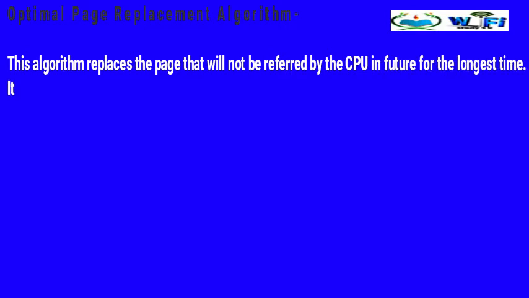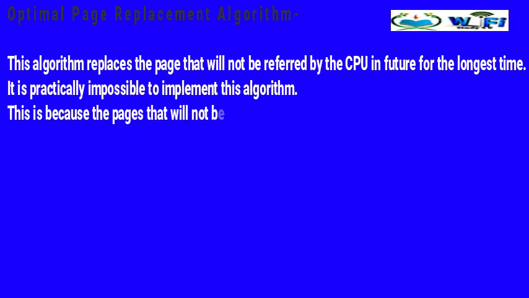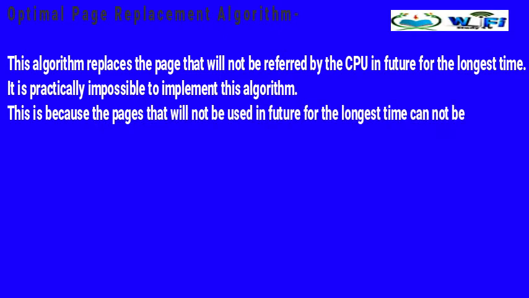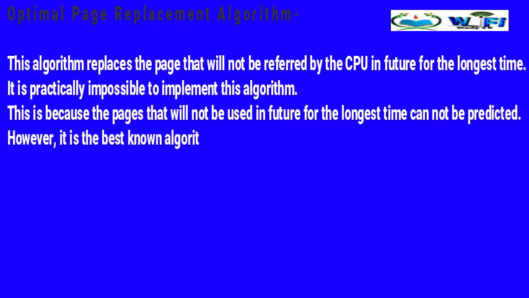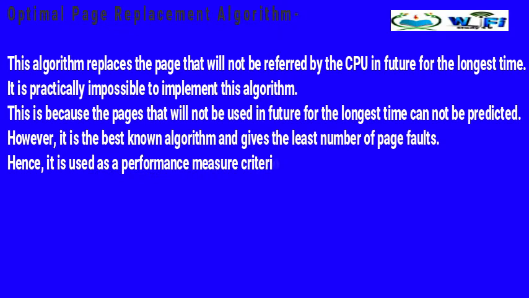It is practically impossible to implement this algorithm, because the page that will not be used in future for the longest time cannot be predicted. However, it is the best known algorithm and gives the least number of page faults. Hence, it is used as a performance measure criterion for other algorithms.